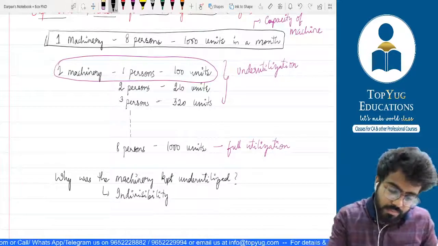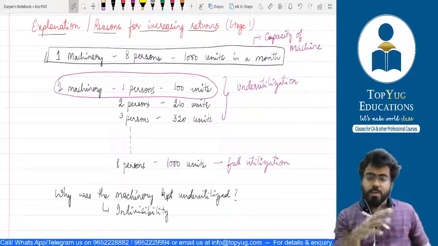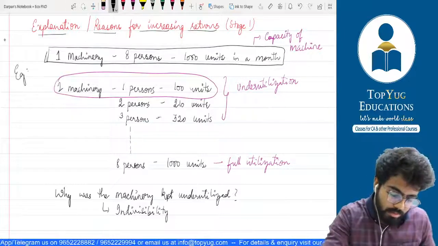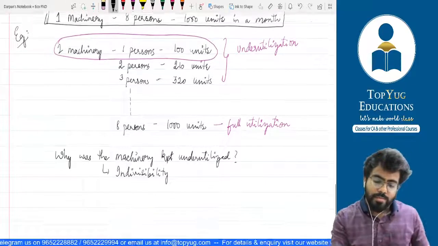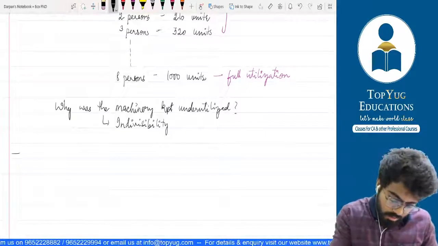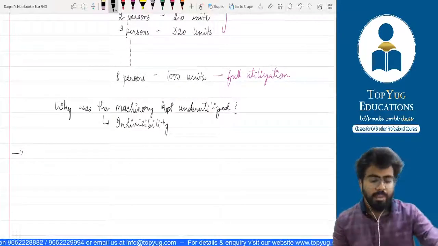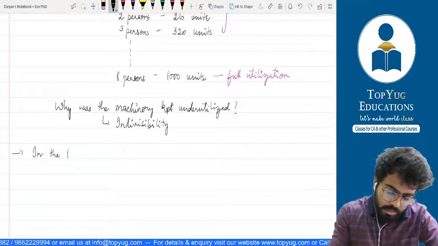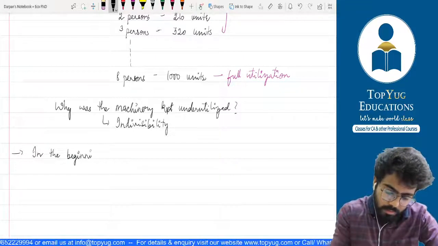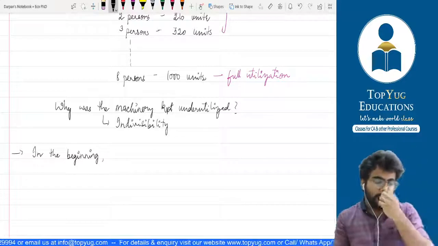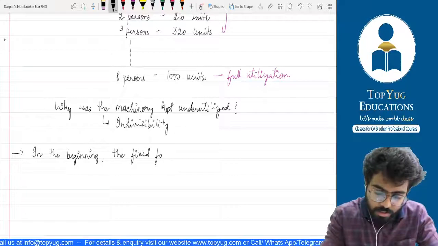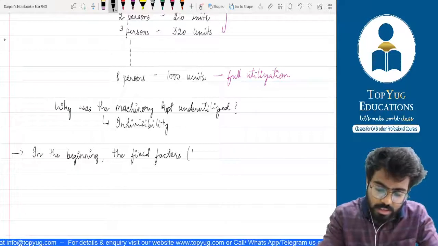So write down. You can just pause and copy this like an example, and then explain that. We'll explain this in brief words. So write down. In the beginning, comma, the fixed factors in brackets, land, machinery.